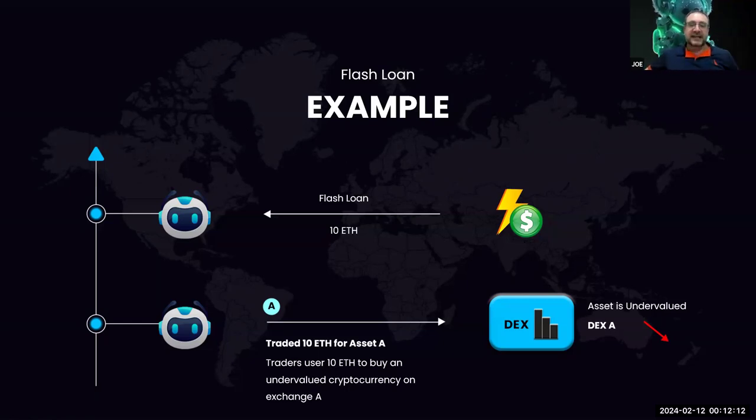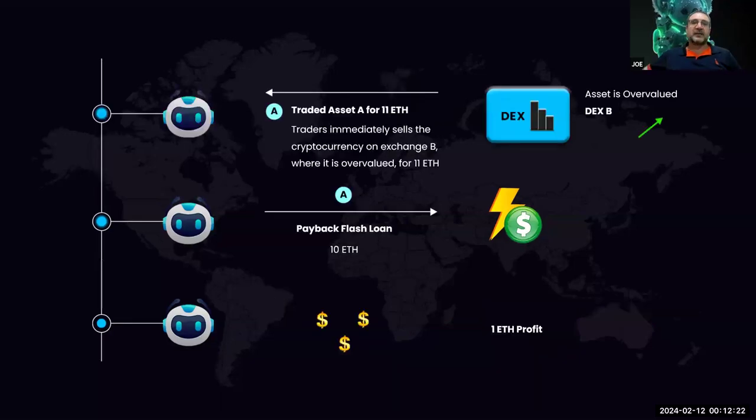You use that 10 Ethereum to buy the undervalued asset on exchange A. And then you move that asset and you're going to sell it on exchange B for, let's say, 11 Ethereum. So during the finalization of that transaction, the 10 Ethereum that you borrowed is immediately repaid to the lender, the liquidity provider, which leaves you with 1 Ethereum profit.